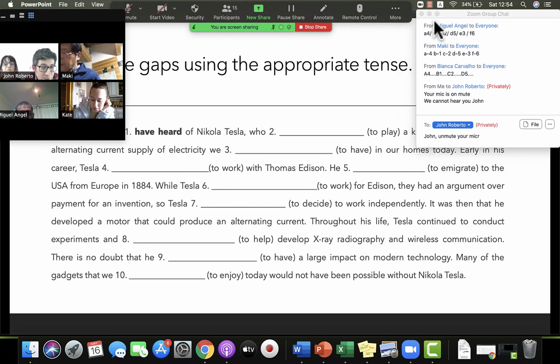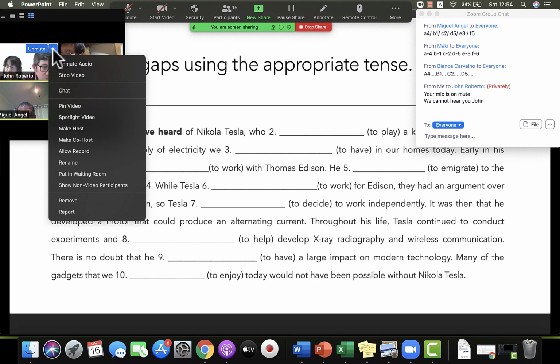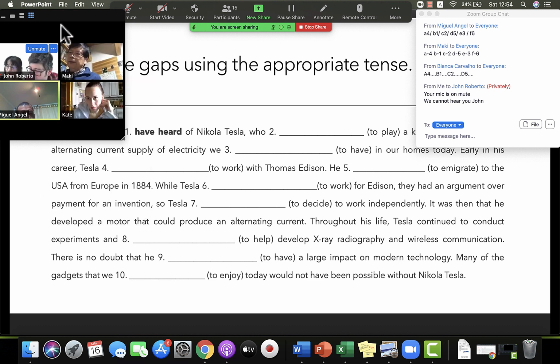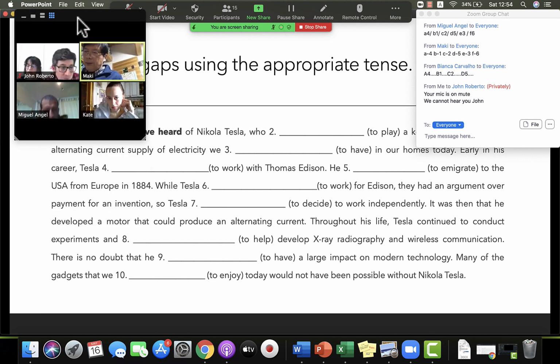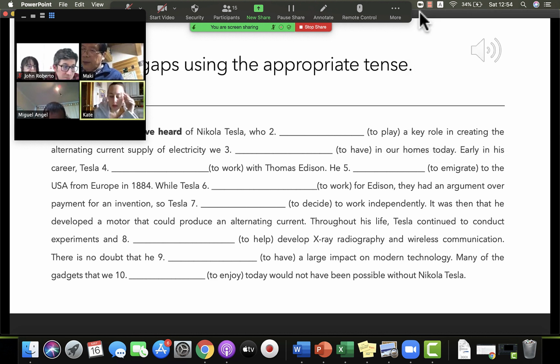He had. Yeah. Number 9, he had. And number 3, enjoy, present simple. Agree. Number 9, I suppose, past simple.